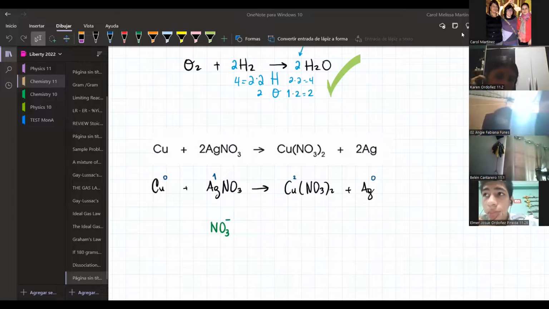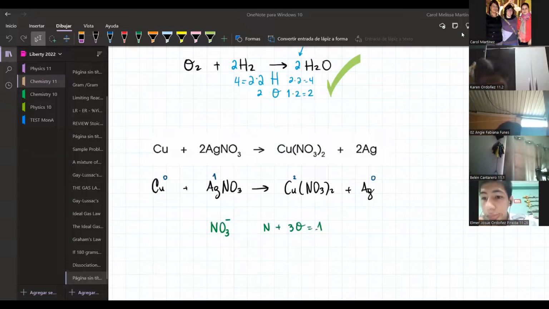So you get the oxidation state: nitrogen plus 3 oxygen equals -1, okay? And you want to know what nitrogen is. You get it like that: nitrogen minus 6 equals -1. So nitrogen is -1 plus 6. So nitrogen is 5.